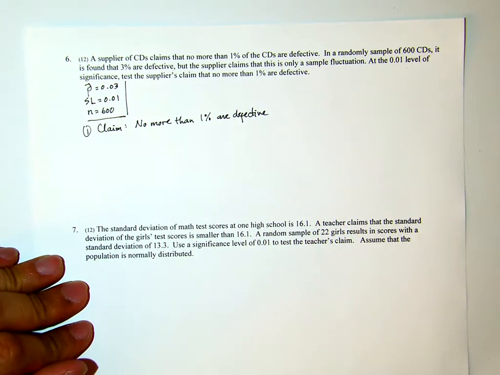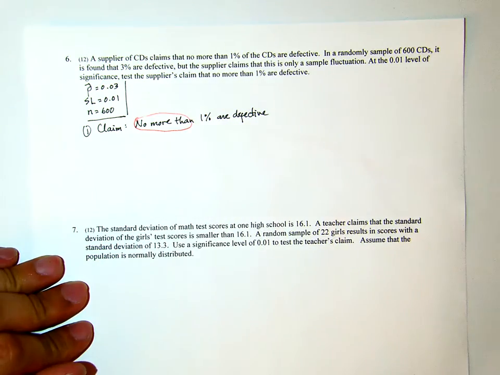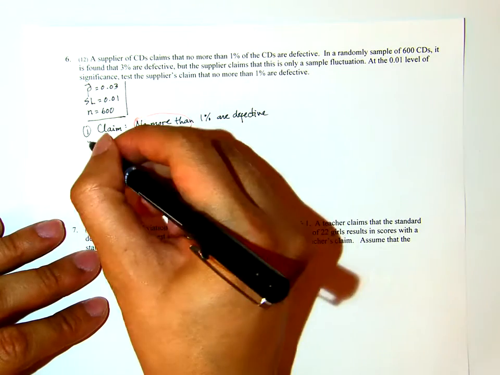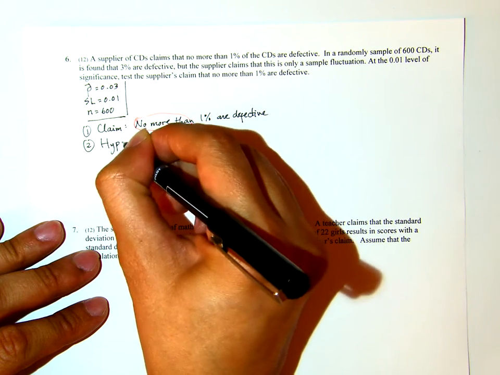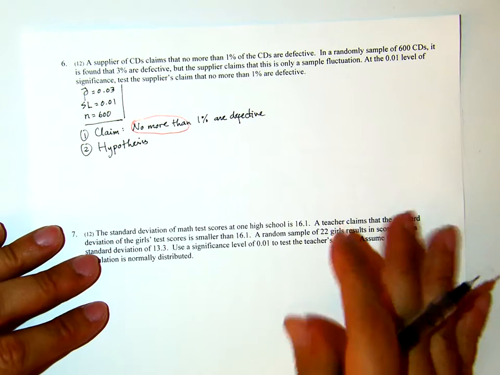Now, this phrase here is kind of hard to understand at first, but if you think about it, the phrase "no more than" means less than or equal to, or at most. That will help us when we do the hypothesis.